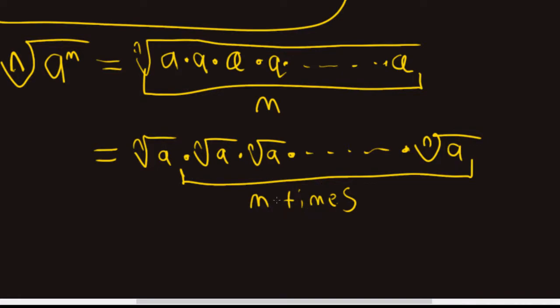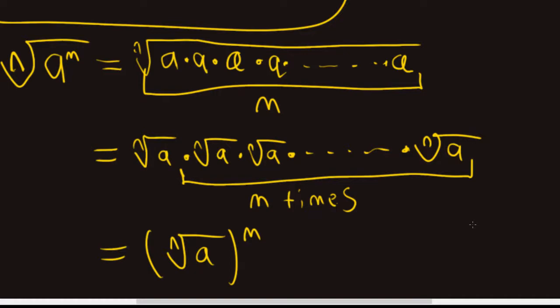And if that is true, then this can be written this way: the nth root of a, to the m power, right? That's purely the definition of an exponent. We were multiplying the nth root of a, m times, so that's the same thing as the nth root of a raised to the m power.